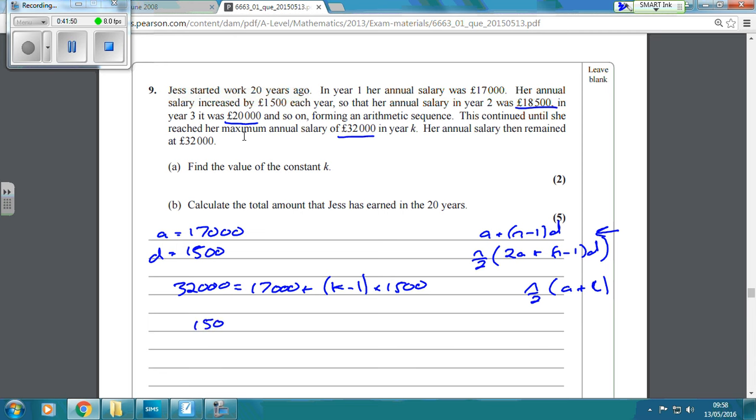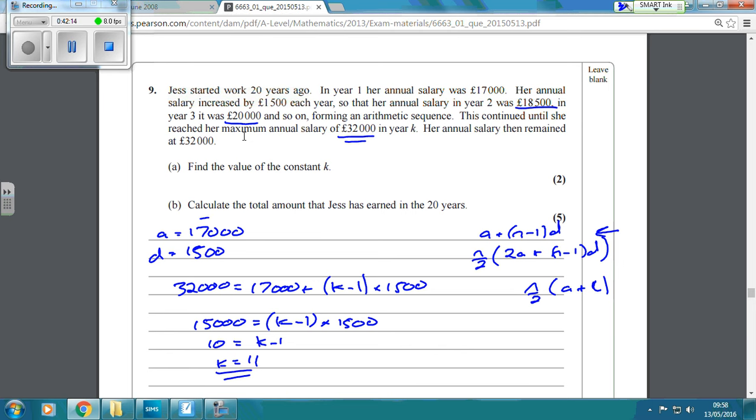So we've got 15,000 equals k minus 1 times 1,500. They've been quite kind here with the numbers. If you divide by 1,500, we get 10 equals k minus 1. So if we then add 1, k equals 11. So in the 11th year, she gets 32,000.